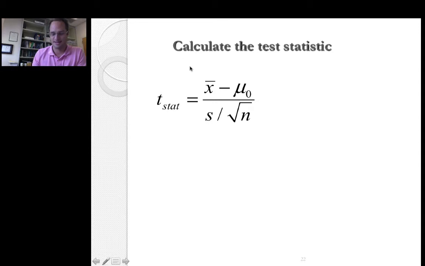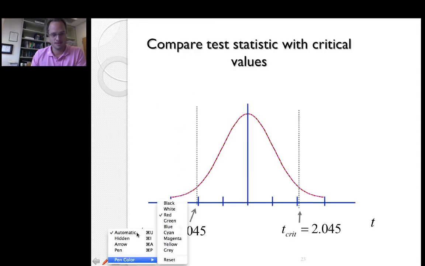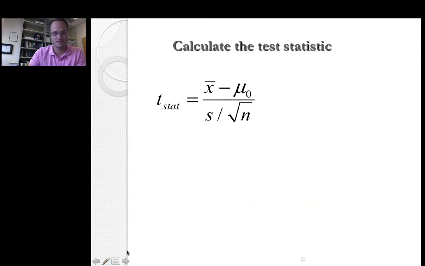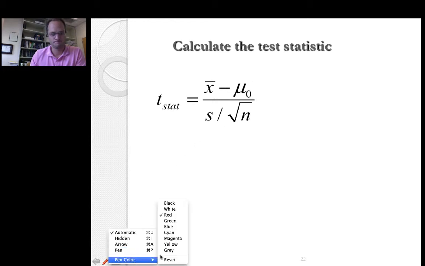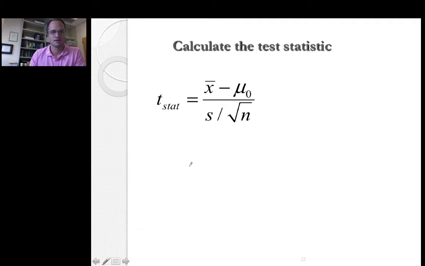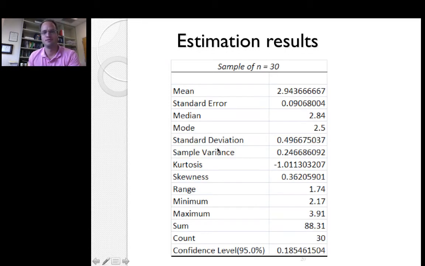The test statistic is, let's see, what was 2.9, okay.